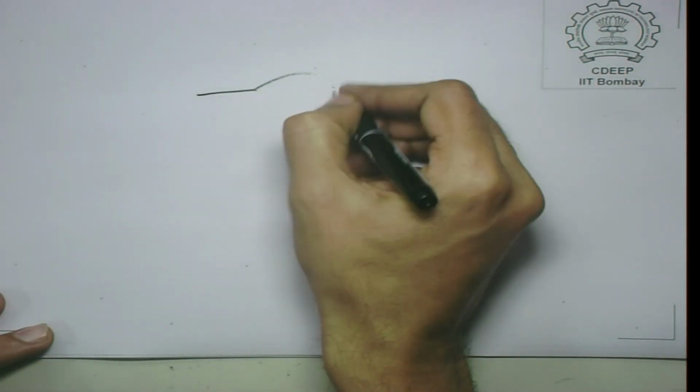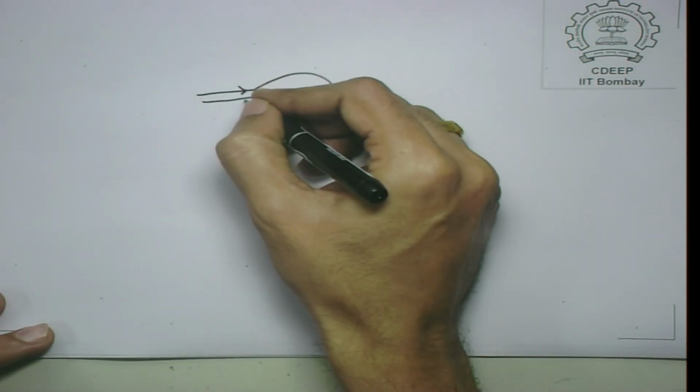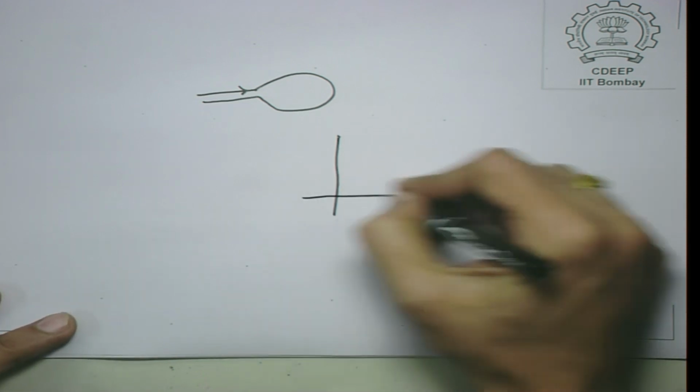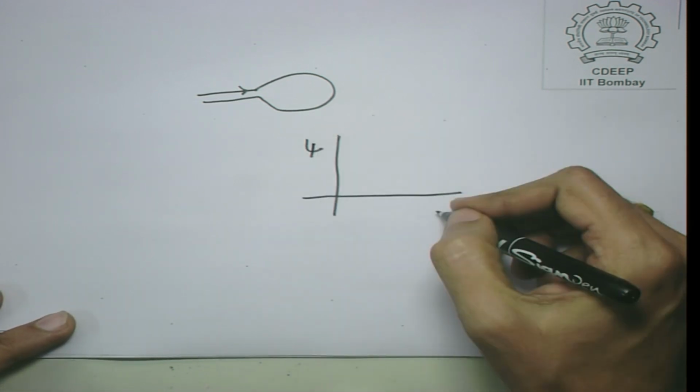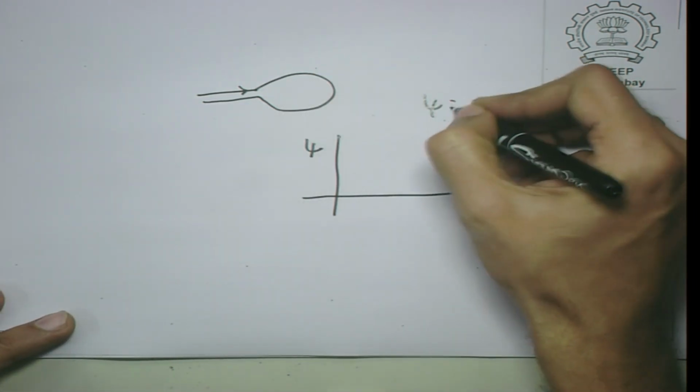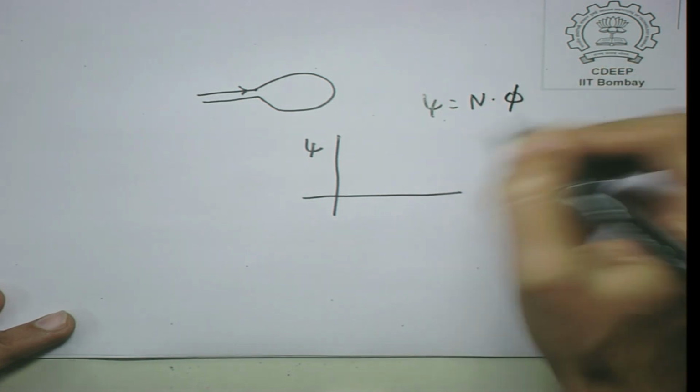That is, if you look at the flux level in an inductor, the flux linked, psi, is nothing but number of turns into the flux.